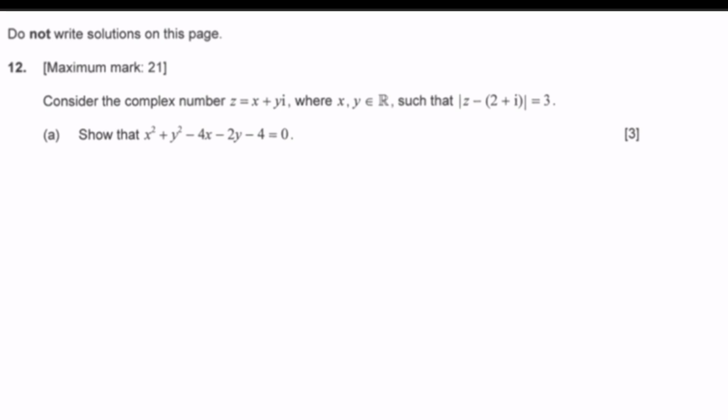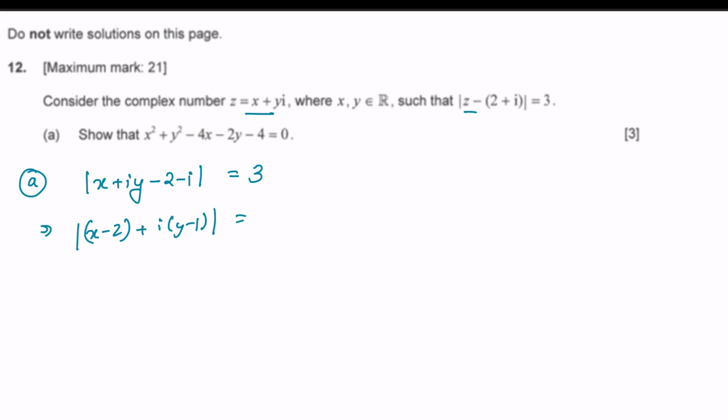Okay, so we have a complex number z equals x plus yi, x, y belong to R, and given that modulus of z minus 2 plus i is equal to 3. When I place z in this equation, I get (x minus 2) plus i times (y minus 1). So modulus, so just do this. This should be equal to 3.